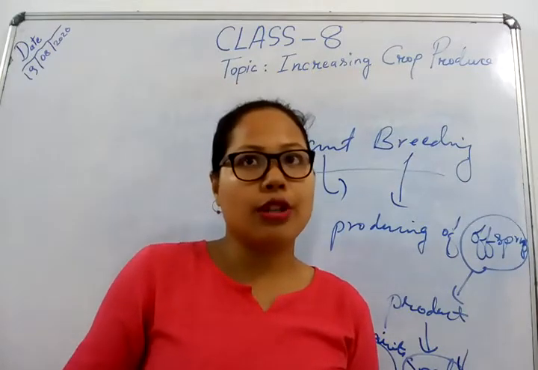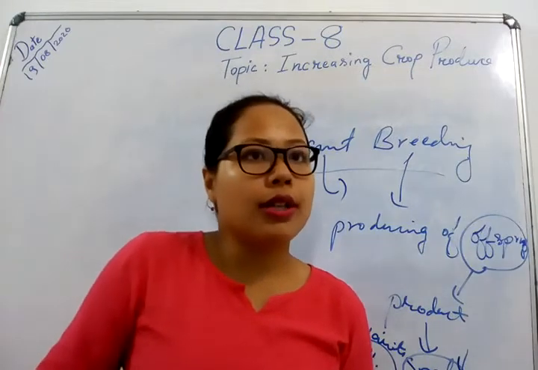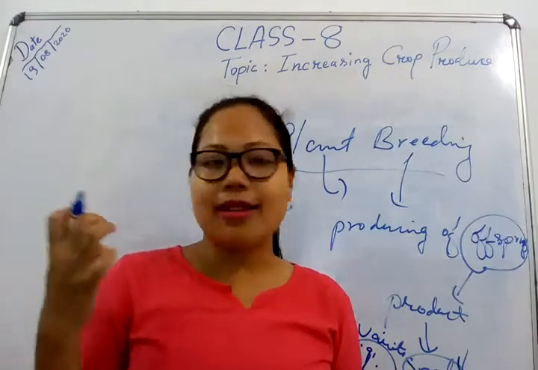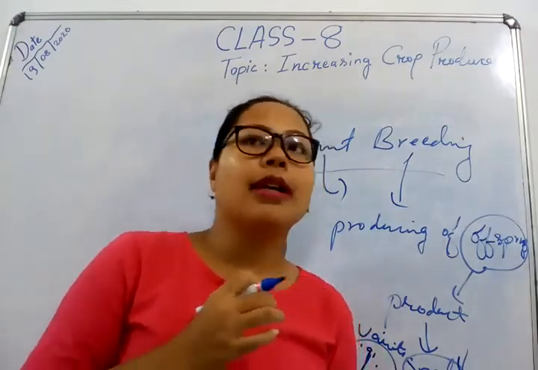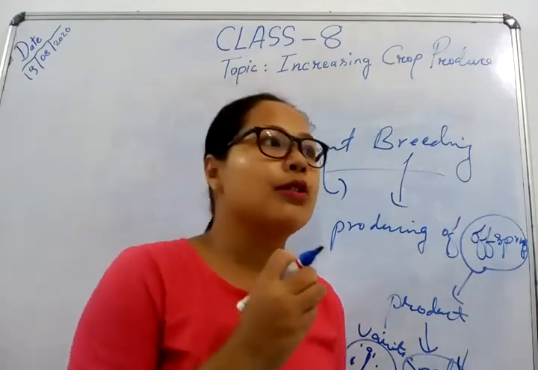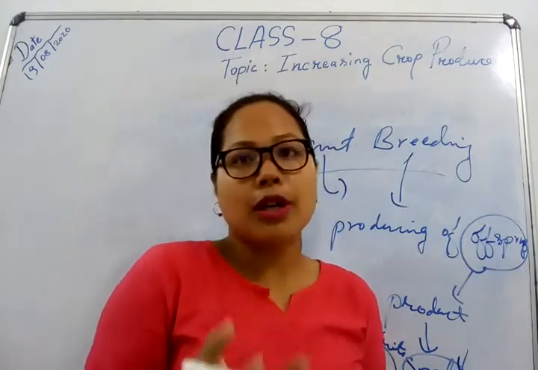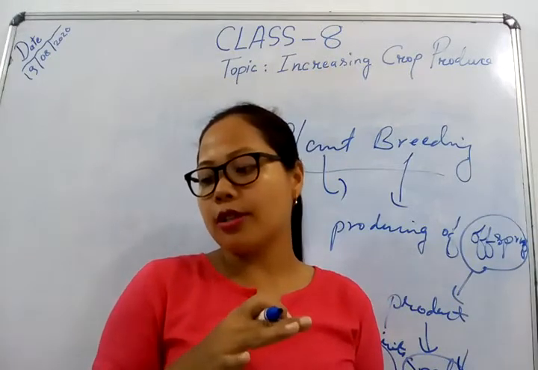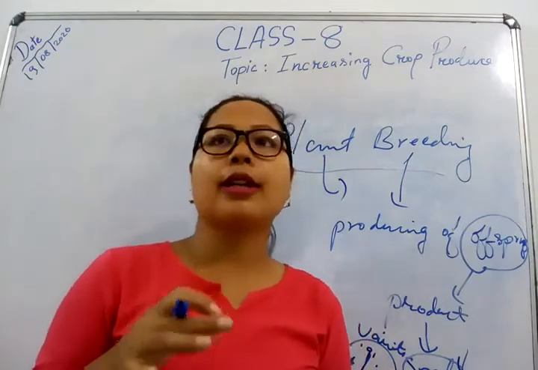Why do they control it? Because they want to get the required characteristics, for example high yielding crops, or plants resistant to disease. They control reproduction in plants just to get the required characteristics to make them more useful.